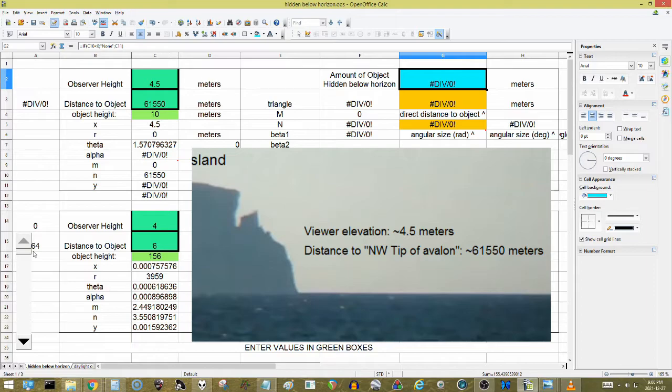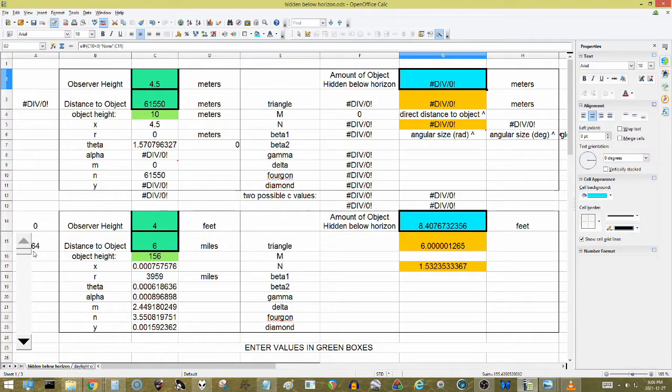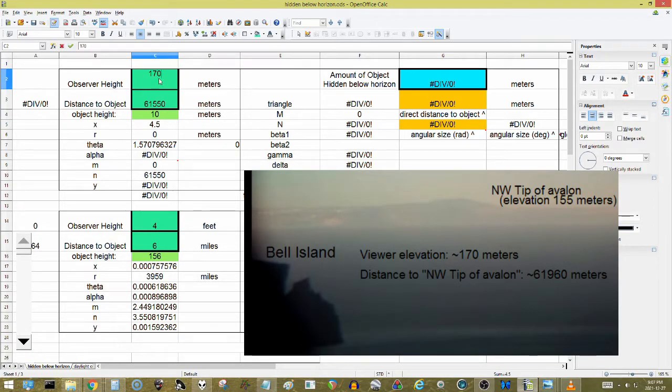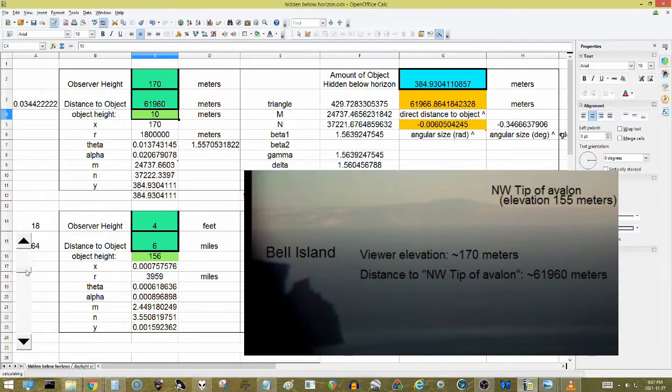Now we're going to use the observation with the target visible. We need only the radius values that predict partial or full visibility. So we plug in the data from this observation: viewer elevation 170 meters and distance of 61,960. This time an infinite radius predicts no obstruction, and then we shrink the radius until the target is predicted to be fully obstructed, which would contradict the observation.